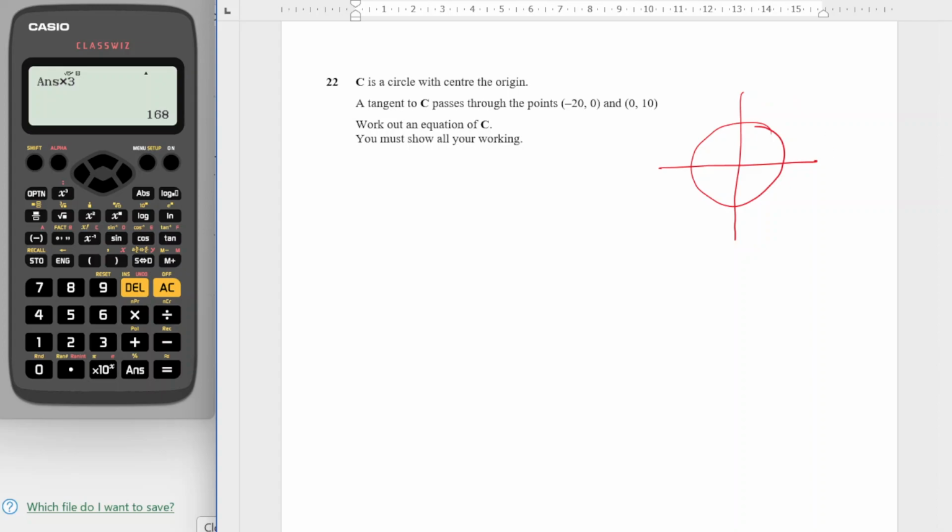We're told two points that the tangent passes through.